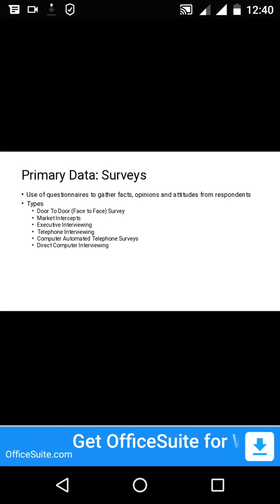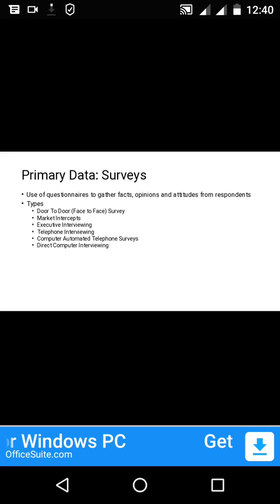Now we are moving on to the next one, which is direct computer interviewing. What will happen in direct computer interviewing? There would be a computer screen placed in a location which is frequented by many people. It could be placed in a busy market area, in a retail store, or in a dealership, and the questions would be displayed on the computer screen.